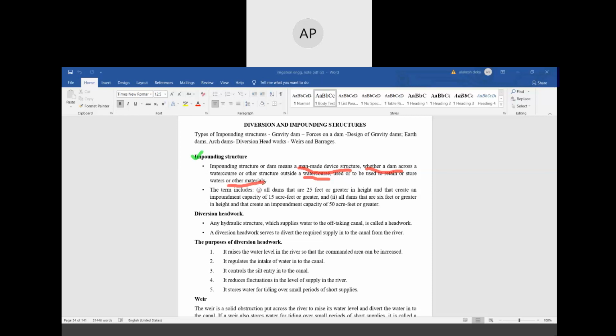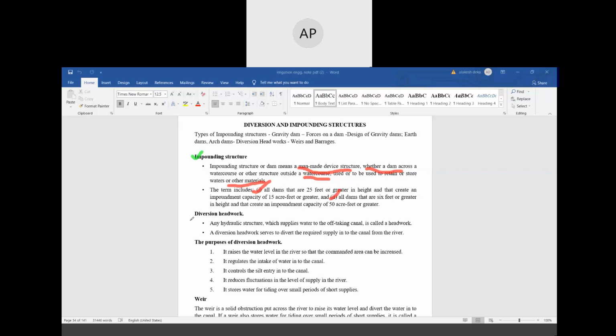The term includes all dams that are 25 feet or greater in height, and all dams that are 6 feet or greater, that means small dams and bigger dams.